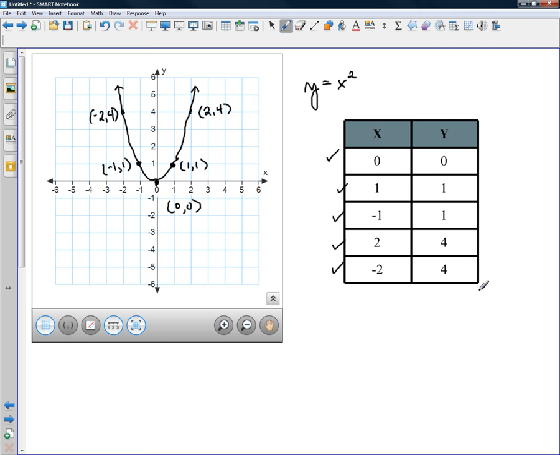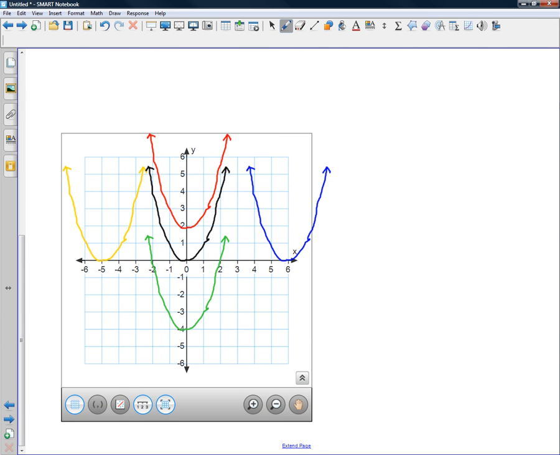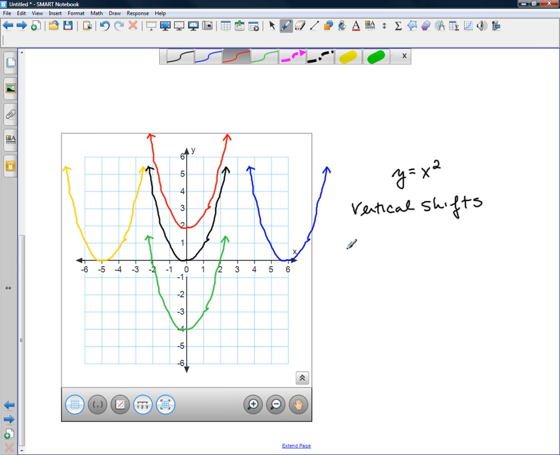Now let's think about taking this original function, the one here that's drawn in black, y equals x squared, and let's consider some vertical movements, some vertical shifts, we say. Consider that if we go up 2 units, and let me just change my color to red here, y equals x squared plus 2.